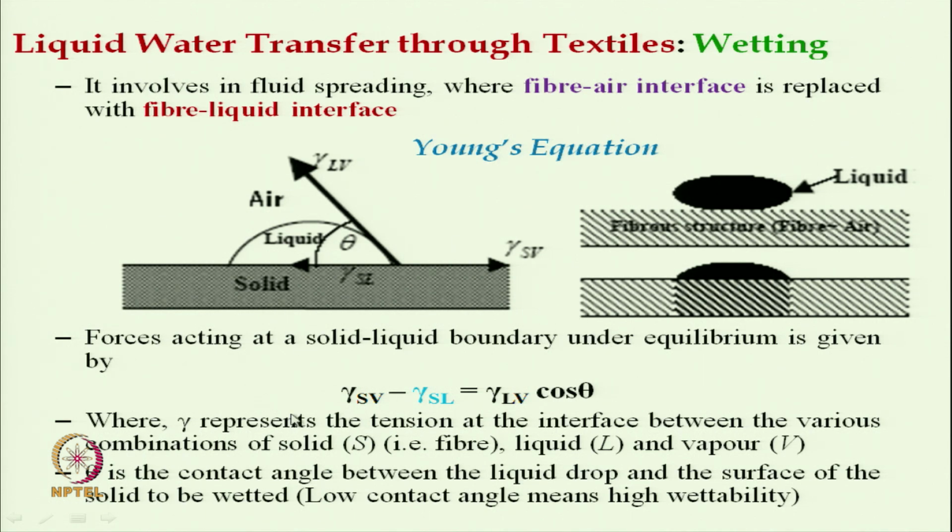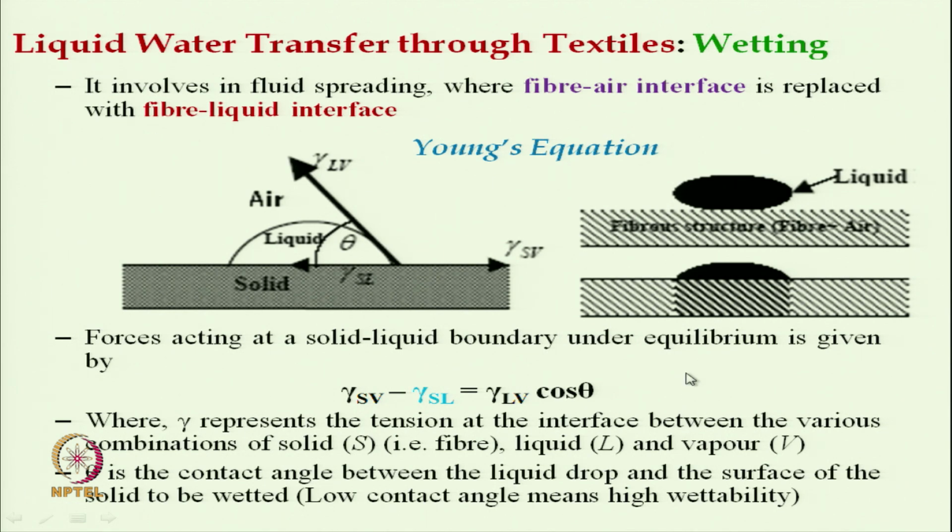So, this equation is balanced by gamma SV, the surface tension between solid and air, gamma SL, the surface tension between solid and liquid, and gamma LV, the liquid, so these are the three terms.